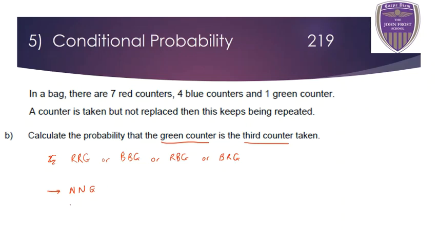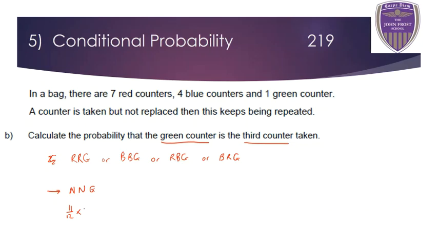So the probability of not getting a green on the first counter is 11 out of 12, because you either pick a red, which is 7, or you pick a blue, which is 4. So that counter's been taken out. There's now 11 counters left in the bag, of which only 1 is a green.